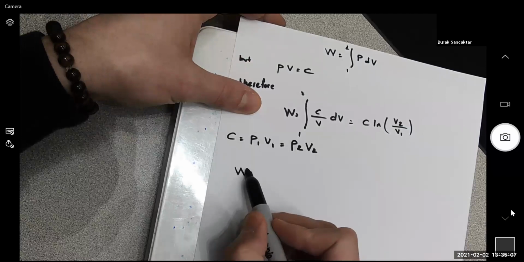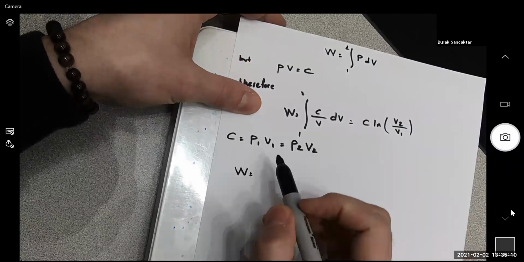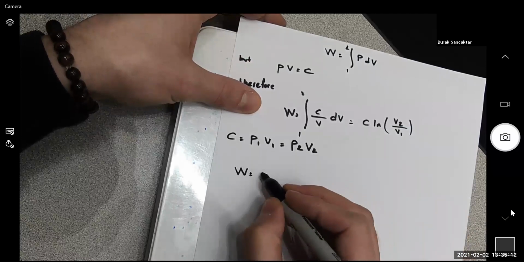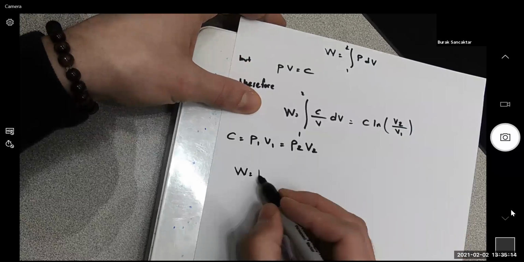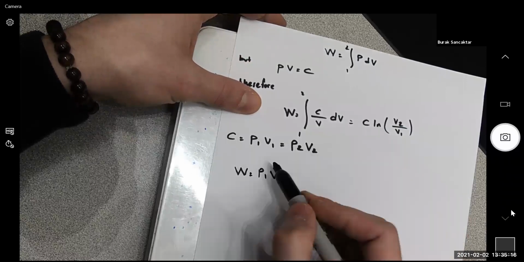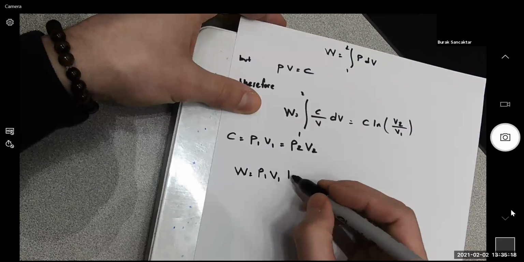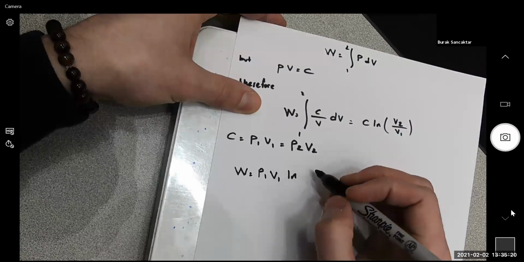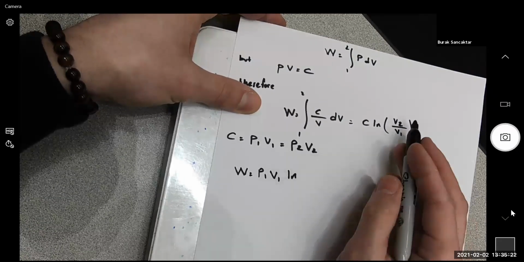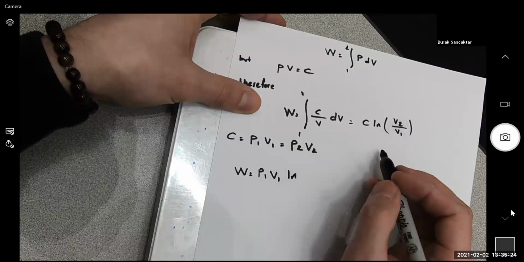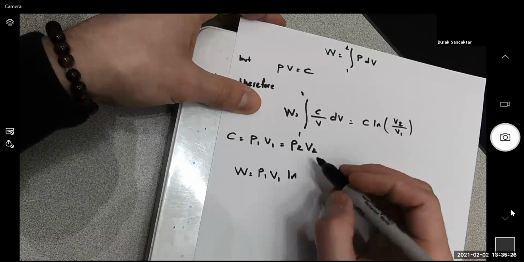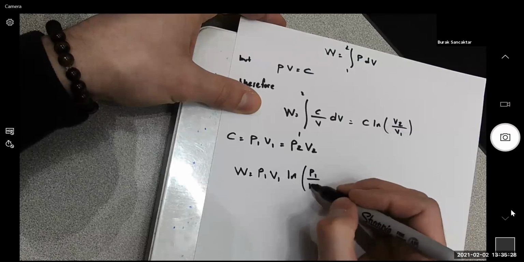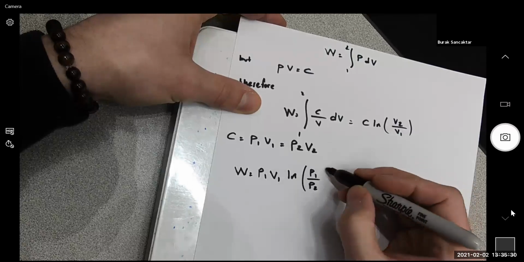Work I just found equals constant, which is P1 V1, times natural log of V2 over V1, or P1 over P2.